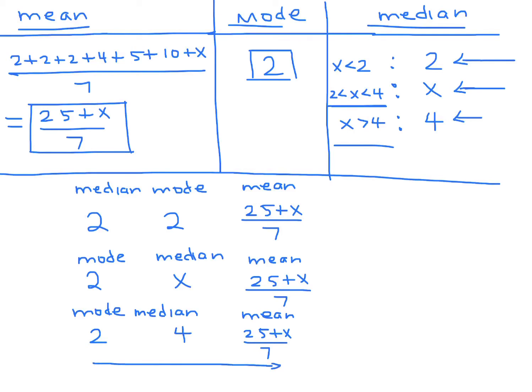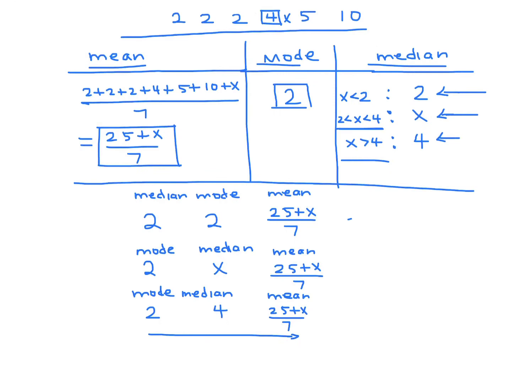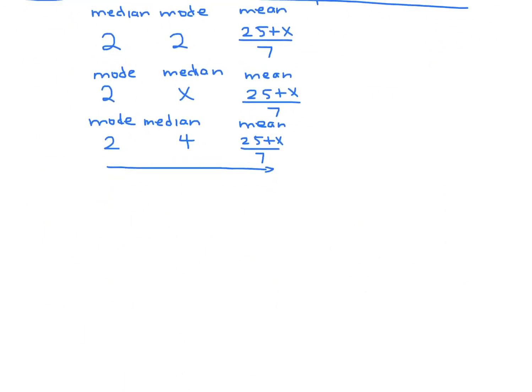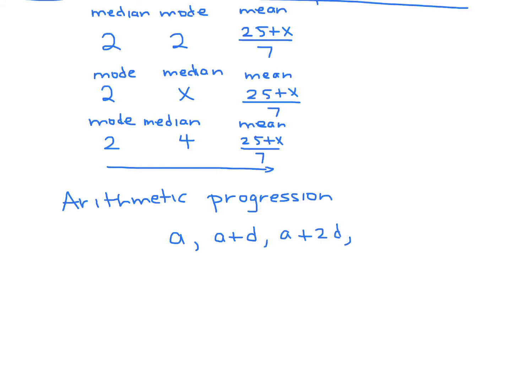All right? Now we get to the final part of the question, which is talking about arithmetic progression. So what do they mean by that? An arithmetic progression is a series of numbers in this form: a, a plus d, a plus 2d, and so on, a plus 3d, like that.